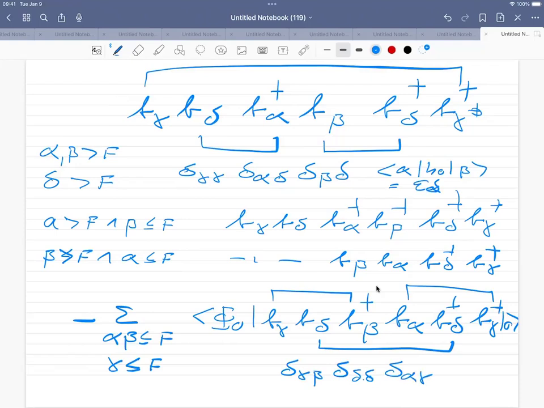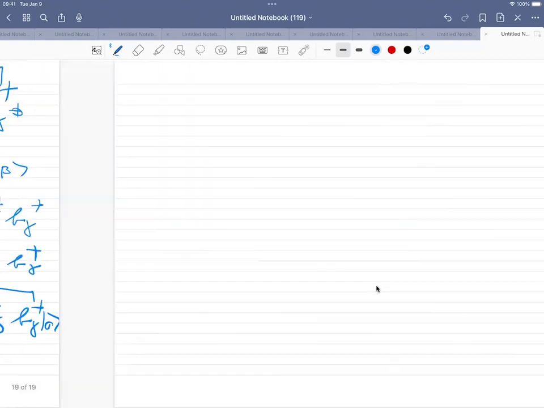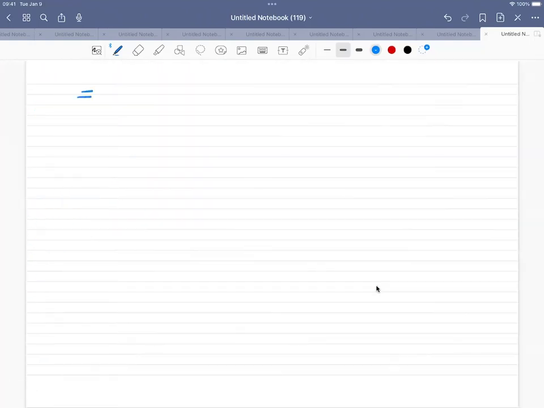And the alphas and betas and gammas are less than the Fermi level, below the Fermi level, which means that this is going to come with an energy minus epsilon of alpha, where alpha is now a state below the Fermi level. So when I collect everything, what we will get is the following.